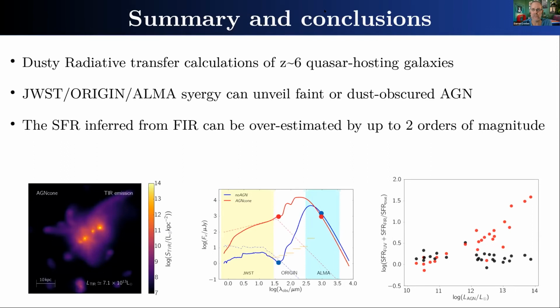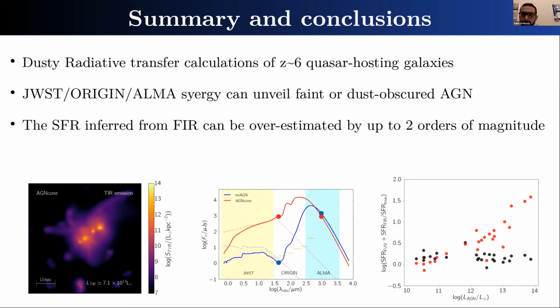A quick question from Ryan Hickox. Ryan, go ahead and ask. Yeah, and thanks for a nice talk. Just to follow up on these last two questions, are there any other observations that would be useful for estimating the AGN luminosity, both for getting that and also for correcting the star formation, like, for example, X-rays, or if you could go deep enough, some kind of spectroscopic observations?